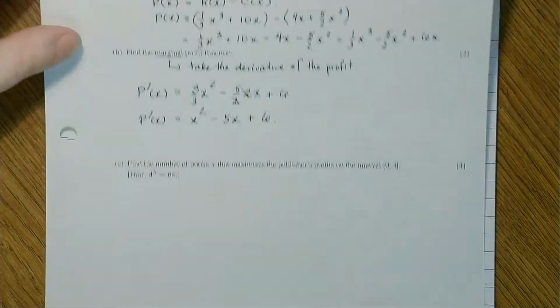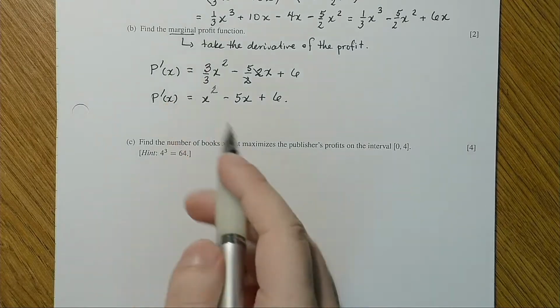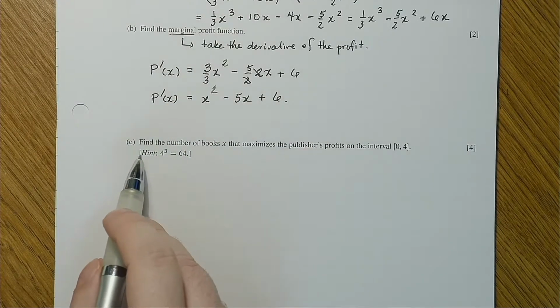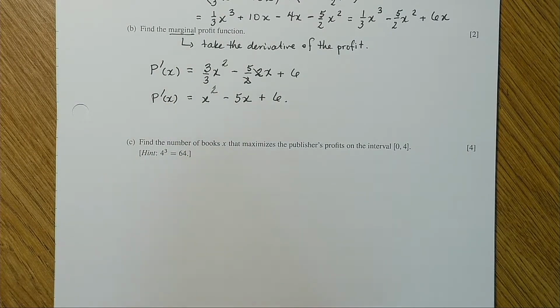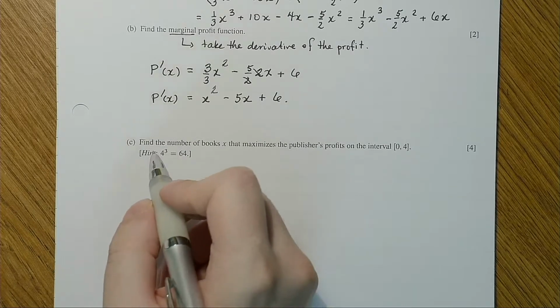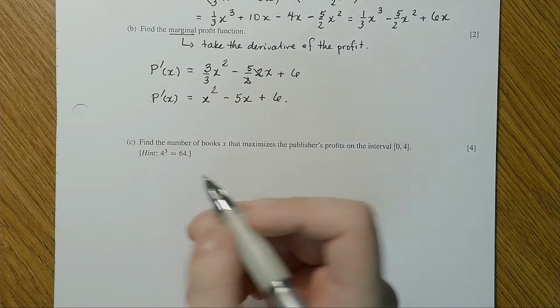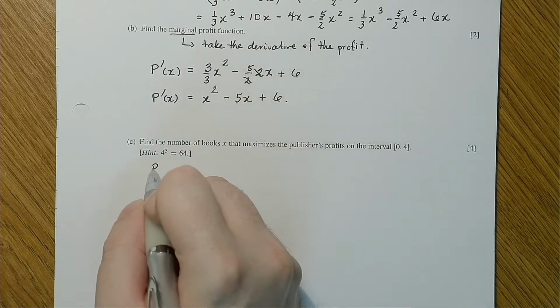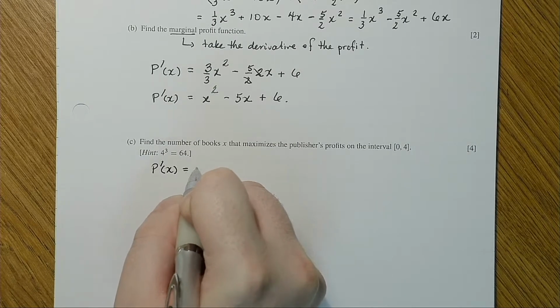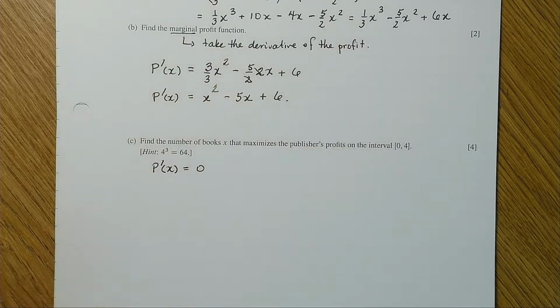Okay. So we have our profit function, we have our marginal profit function. Then part C says find the number of books that maximizes the publisher's profits on the interval from 0 to 4. So what we need to do is find the critical points. And the critical points are where the derivative, or our marginal profit function, is equal to 0.